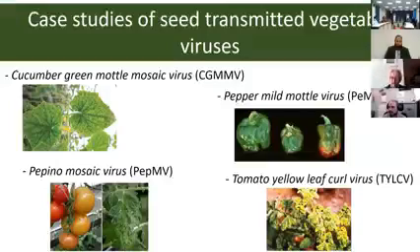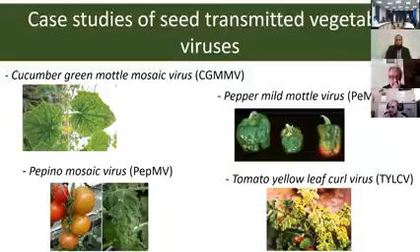Therefore, I will show you some case studies of seed-transmitted vegetable viruses. The first one is CGMMV, on the left, which is a very, very important cucurbit virus.